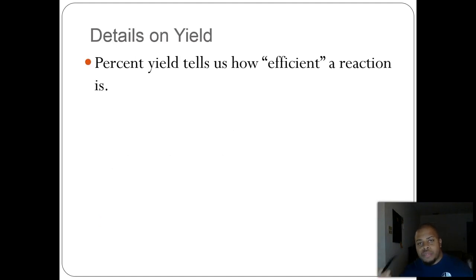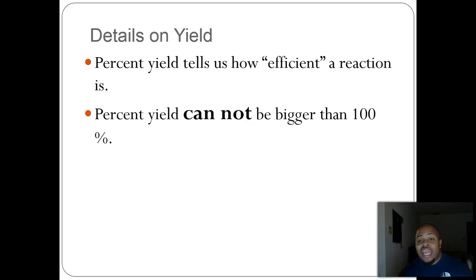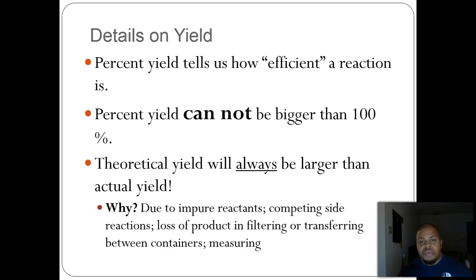Now, percent yield again tells us how efficient a reaction is. It cannot be larger than 100%. It's not possible. Theoretical yield will always be larger than the actual yield. Now, this is the why. We can have impurities in our reactants.